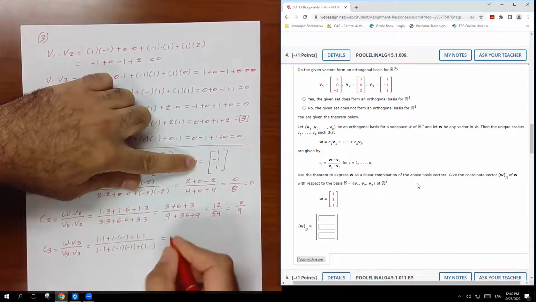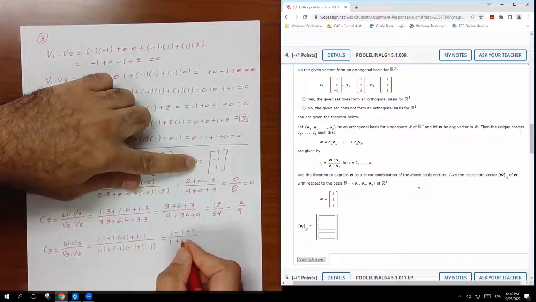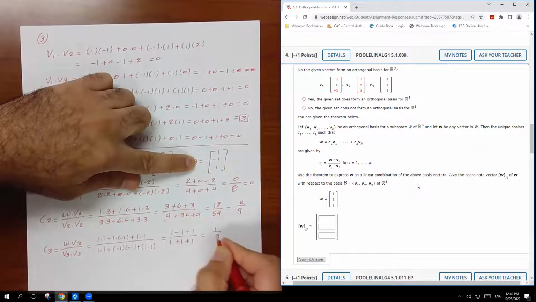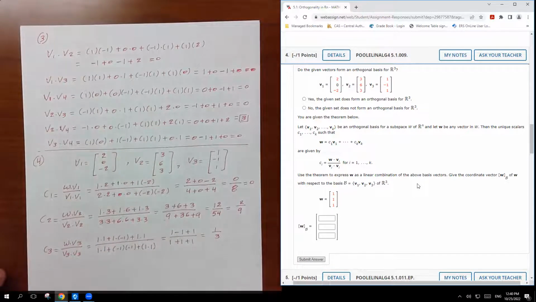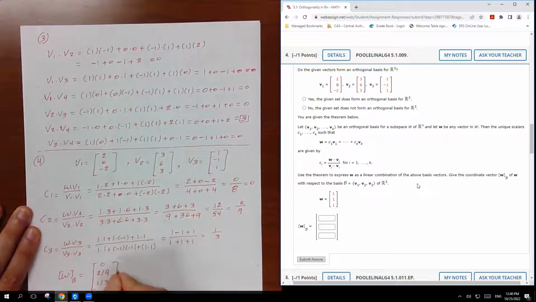This is equal to 1 minus 1 plus 1 over 1 plus 1 plus 1, so it's going to be 1 over 3. That means W sub B is going to be (0, 2/9, 1/3).